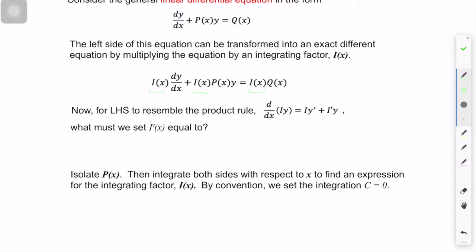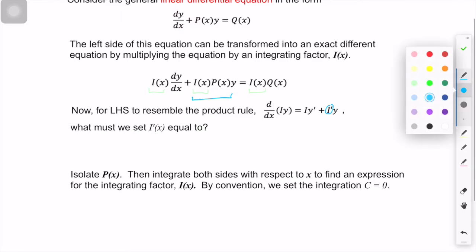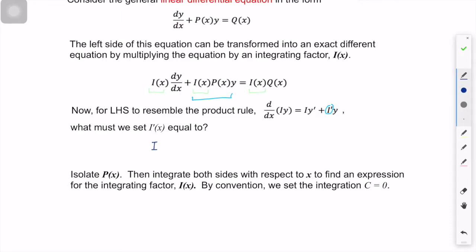If I must make this whole left side resemble the product rule, so in simpler form, I times y prime plus I prime times y, then this I prime part is basically anything but y in the second term. So I can set I prime of x equal to I of x times p of x.